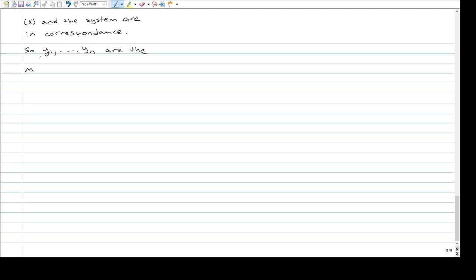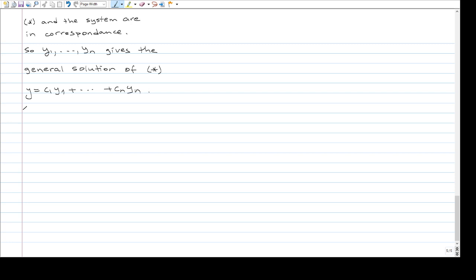How should I say this? So y1 through yn gives the general solution of the equation star. So the general solution is c1 times y1 plus up to cn times yn.